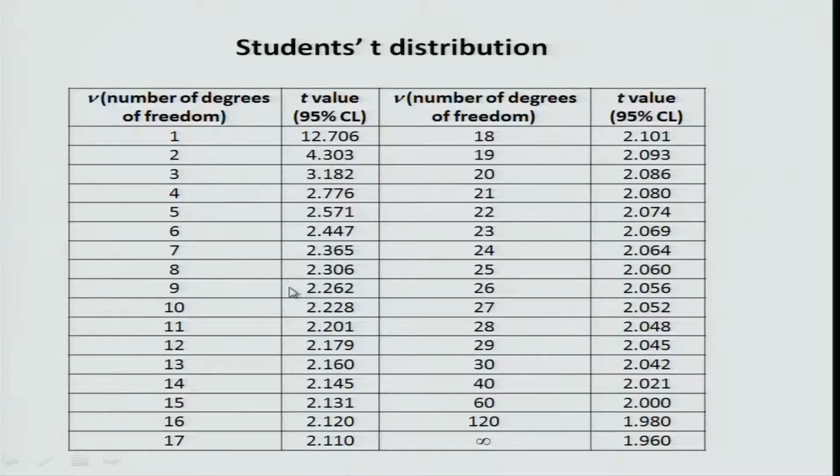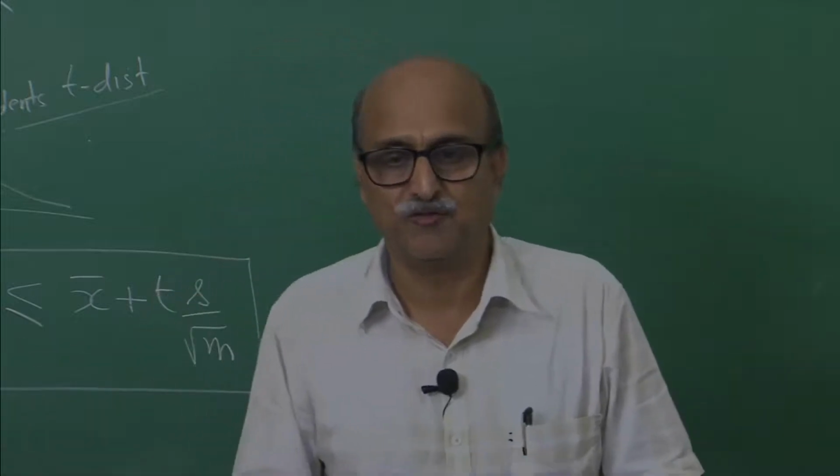If I had, let us say, 30 as the number of measurements I have made, then the degrees of freedom would become 29 and the t value would become 2.045. If I had, let us say, degrees of freedom as 120, that means I have measured 121 values, I will have 1.98 as the t value, which is now becoming closer and closer to the z value for the normal distribution for the 95% confidence level. So, once I know the t value, I can again calculate the confidence interval.